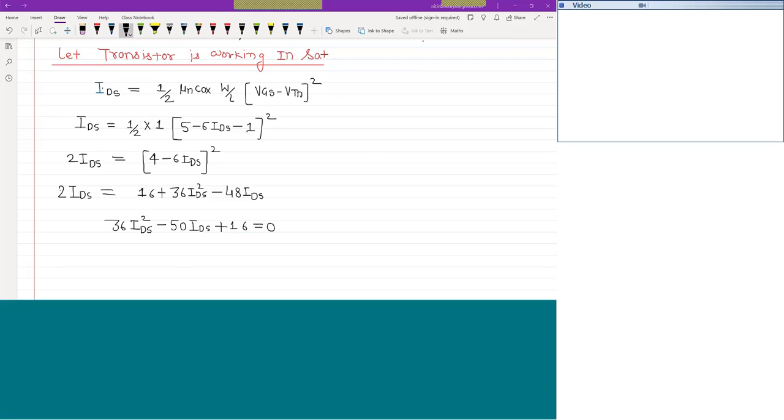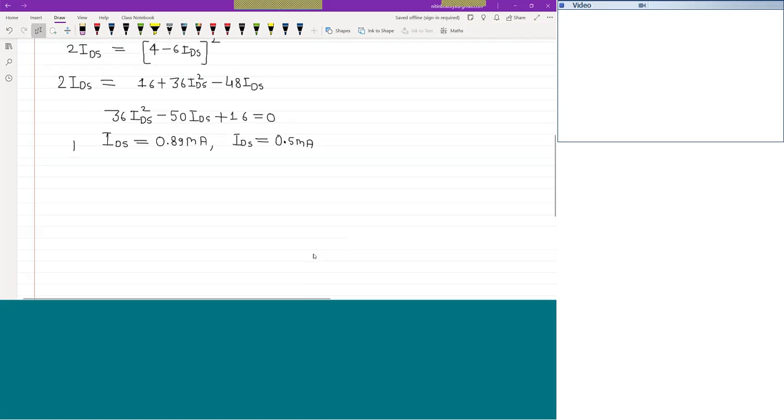What I can say is the value of ID has come out to be 0.89 milliampere and IDS equal to 0.5 milliampere. So these are two choices for IDS.